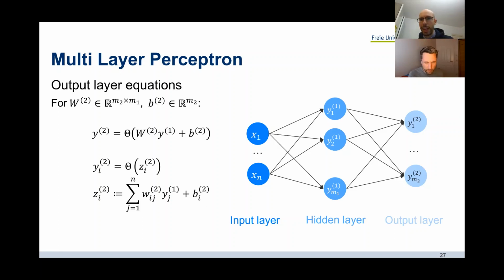I showed this in the first slide that I had on the perceptron. Sometimes the bias is just implicitly assumed to be there, and you just draw the connections for the weight matrices.